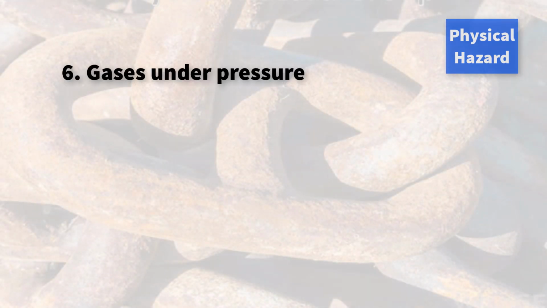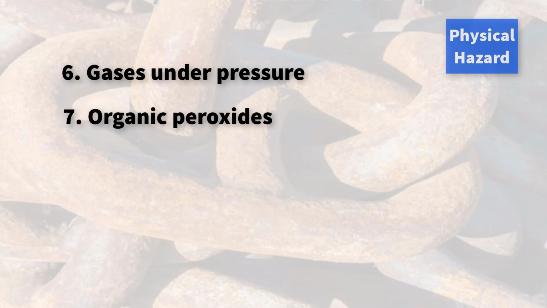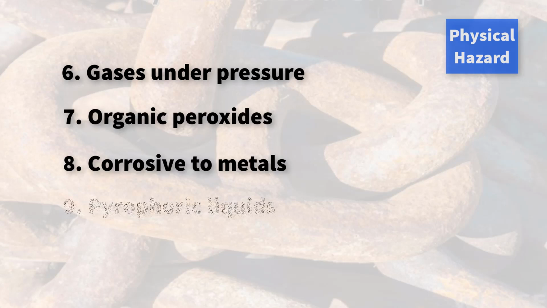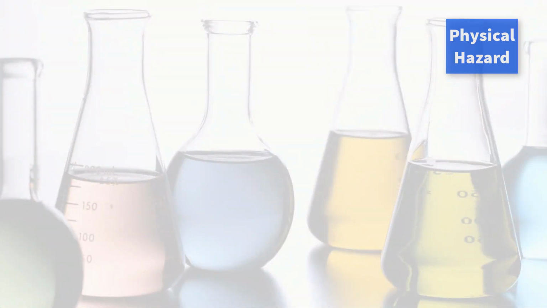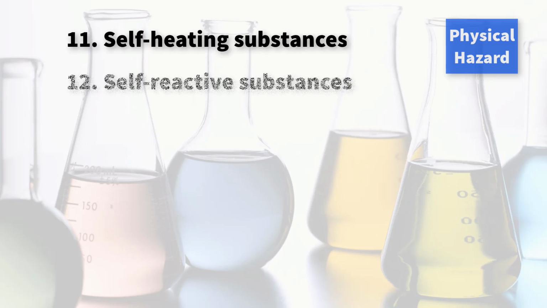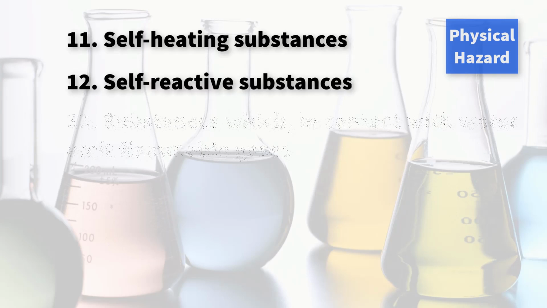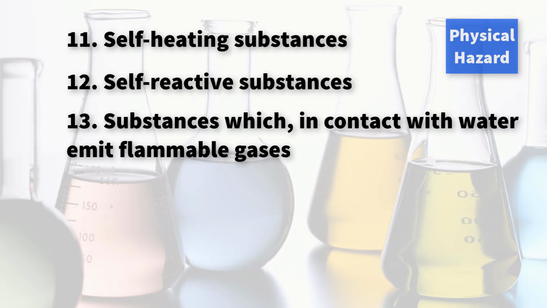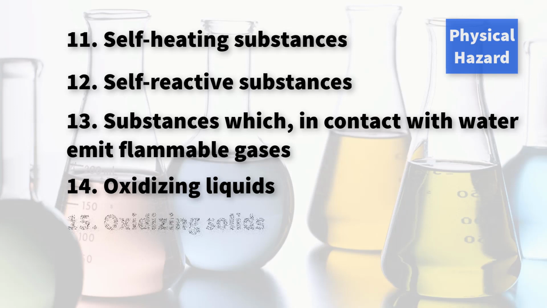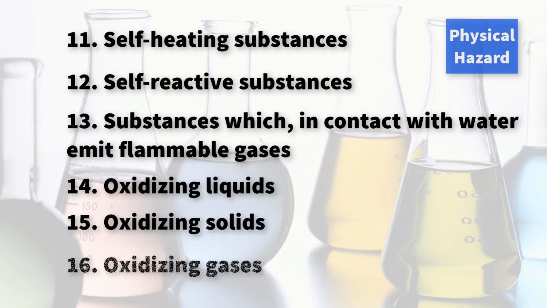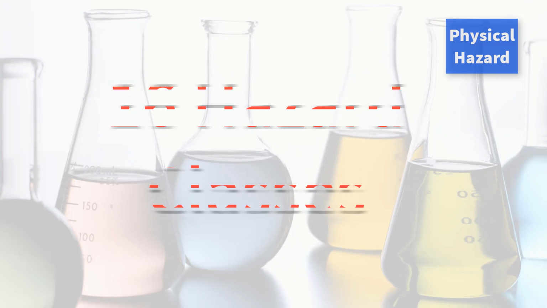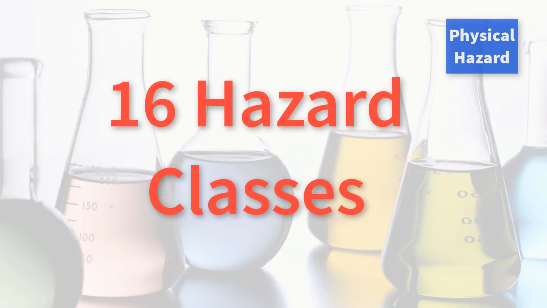The next 5 classes are gases under pressure, organic peroxides, corrosive to metals, pyrophoric liquids, pyrophoric solids. The last 6 classes are self-heating substances, self-reactive substances, substances which, in contact with water, emit flammable gases, oxidizing liquids, oxidizing solids, oxidizing gases, totaling 16 hazard classes within the physical hazard group.